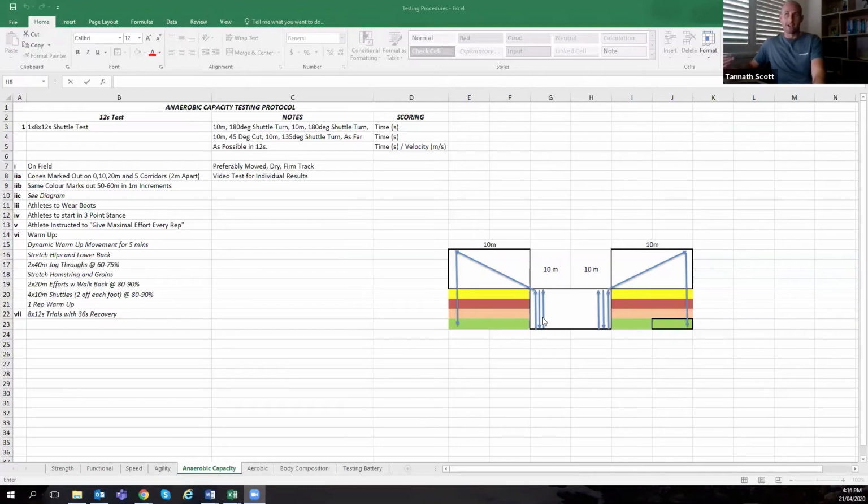If you ran above the certain percentage of your acceleration, so from our point of view you've given it a maximal effort, and you had less than that identified percent decrement, then you went into an anaerobic power group where you ran continuous efforts at your maximal distance, but you had a larger work-rest ratio. So I think it was 12 seconds on, 48 off.